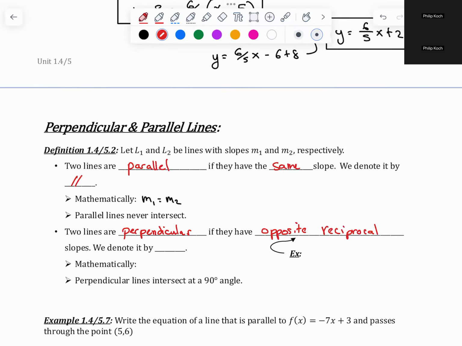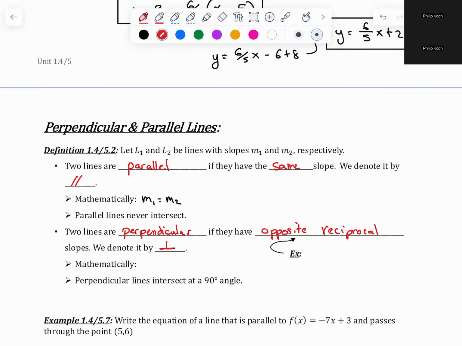And we denote it by an upside down T. In later math classes, you'll stop calling it perpendicular and you'll start calling it orthogonal, which sounds way cooler, but regardless, we'll call it perpendicular up until about math 283. Because that's when we start dealing with three dimensions and perpendicularness doesn't make as much sense.